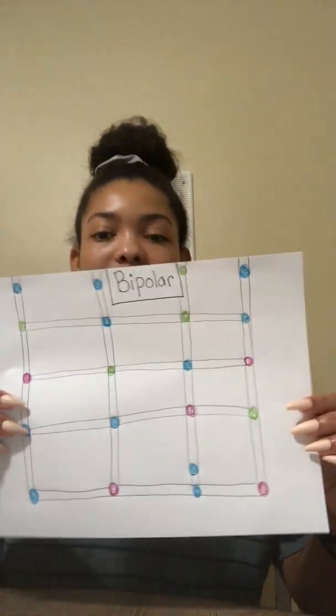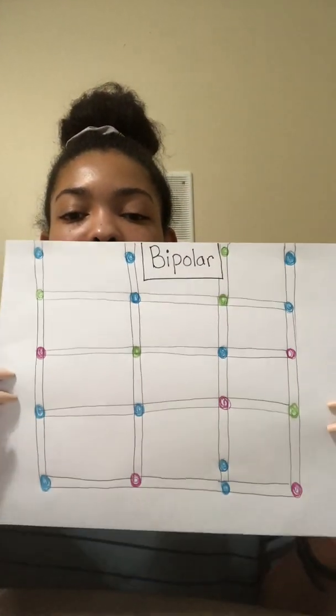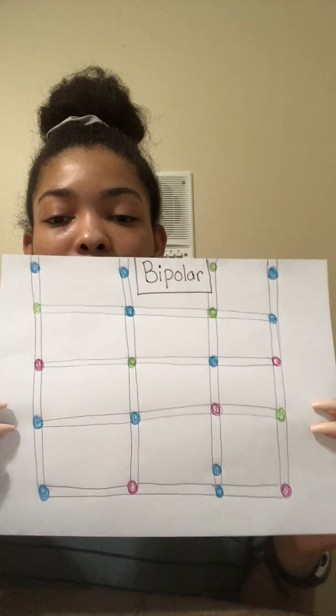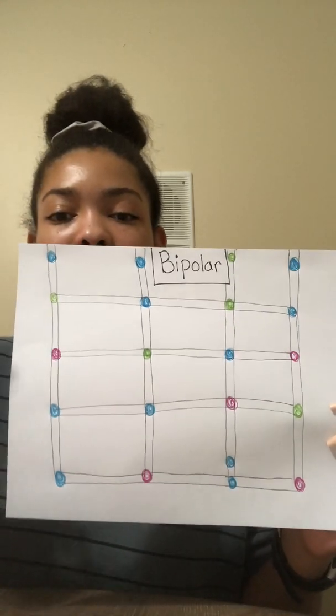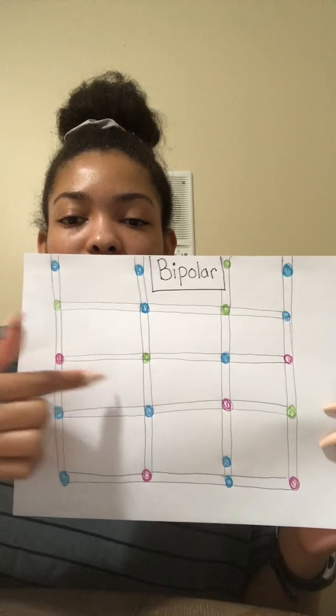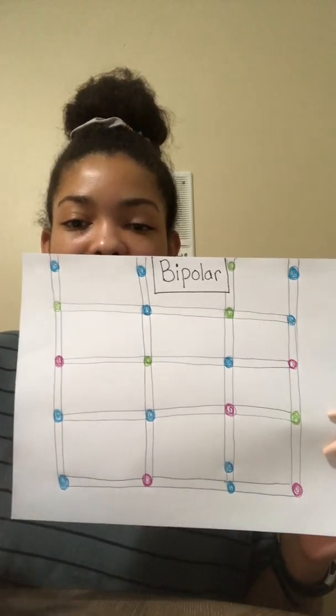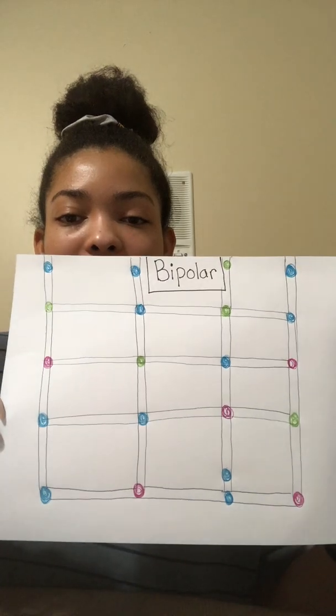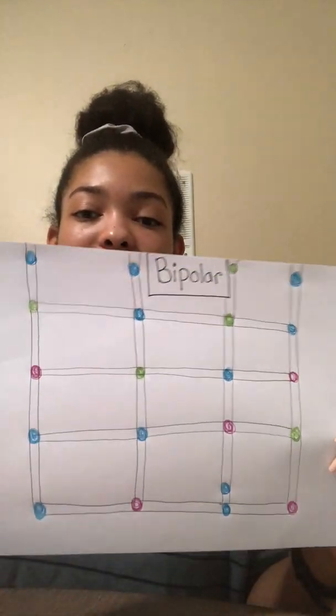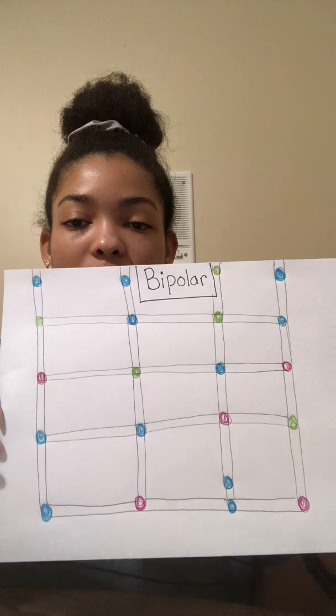And using the same idea, here is my diagram of the brain of someone who is bipolar and their neurotransmitters. And as you can see, there are different neurons flowing in different directions, and that's causing the overactive and hyper ability to feel different things just because there's so much going on in their brain.